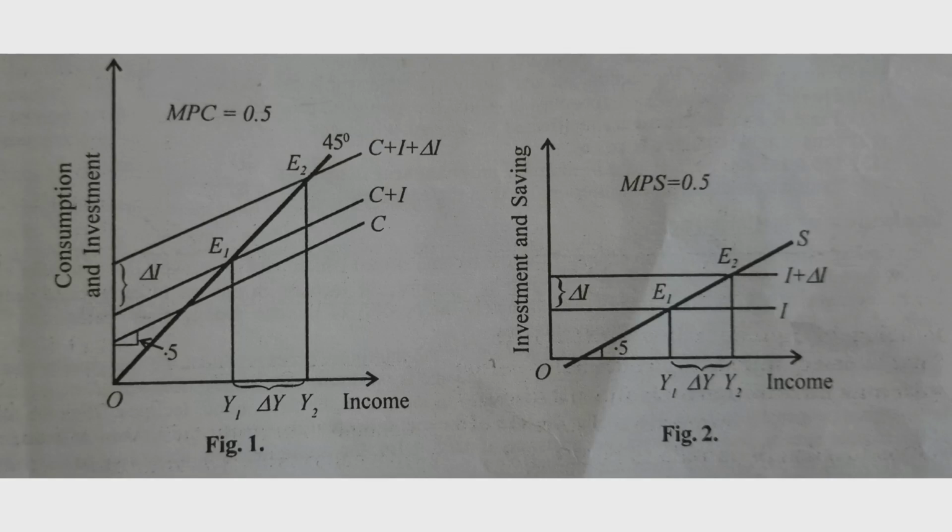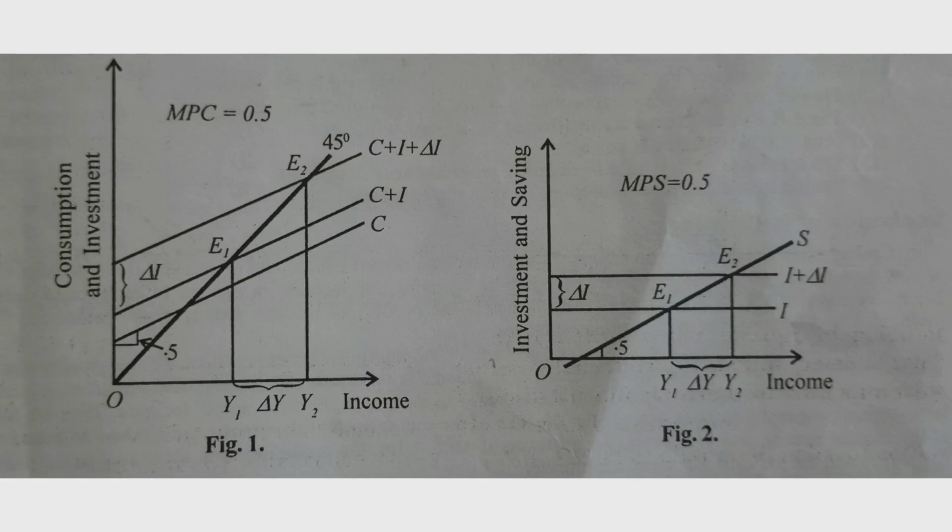In figure 1, the C curve has a slope of 0.5 to show the marginal propensity to consume equal to 1/2. C plus I is the investment curve which intersects the 45-degree line at E1, so that the old equilibrium level of income is OY1.